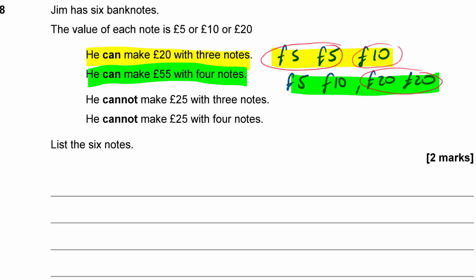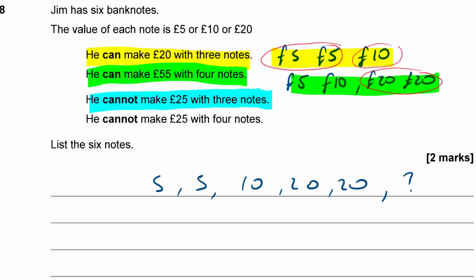Let's have a look at these last 2 expressions. He cannot make £25 with 3 notes. So given that I've got 2 5s, a 10, and 2 20s plus 1 other note, I've got a 5, a 5, a 10, a 20, a 20, and a mystery note. Now I can't make £25 with 3 of my notes.